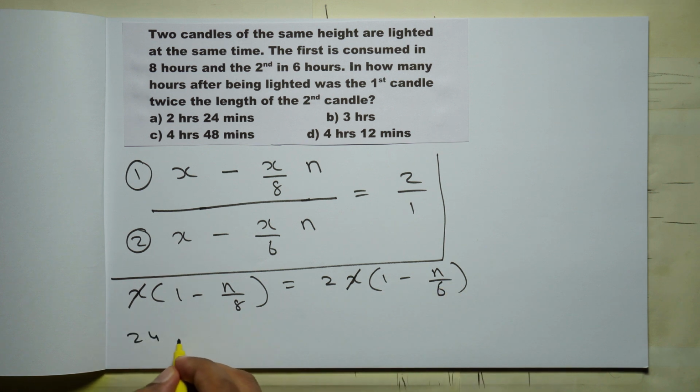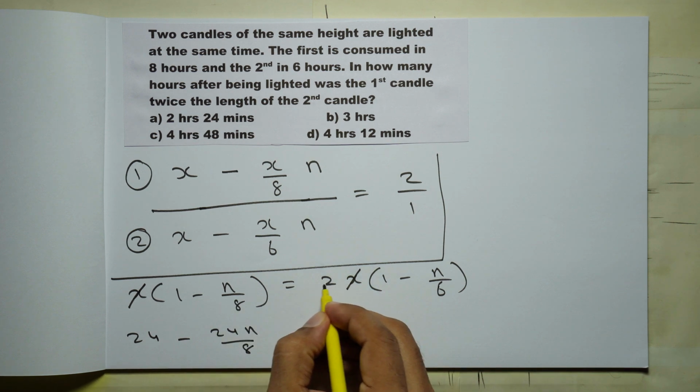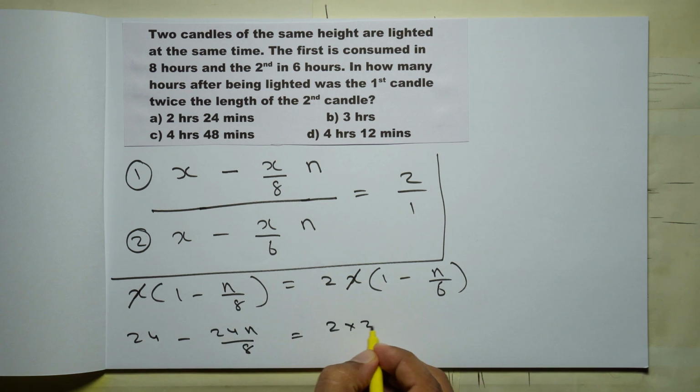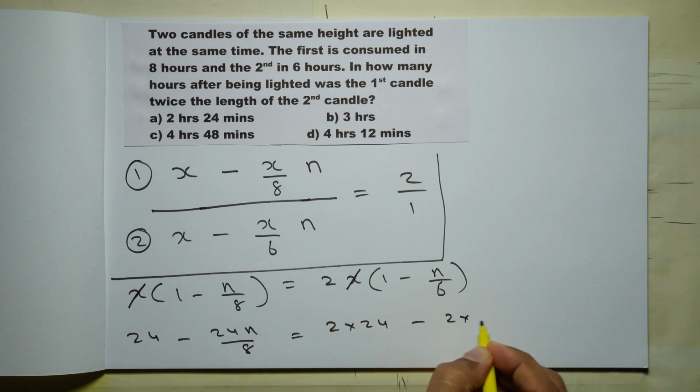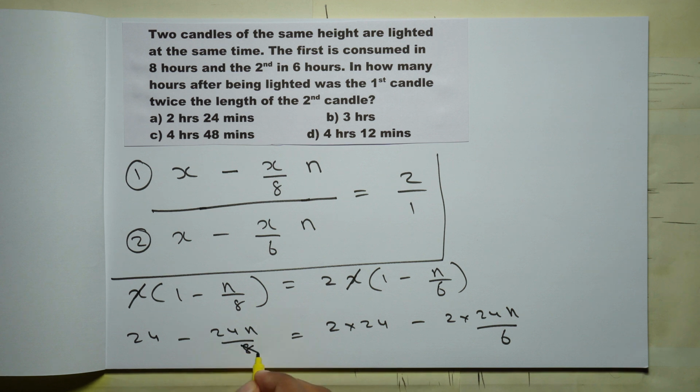So 24 minus 24n by 8 is equal to 2 into 24 minus 2 into 24 into n by 6. Now 8 divides 3 times and here 6 divides 4 times.